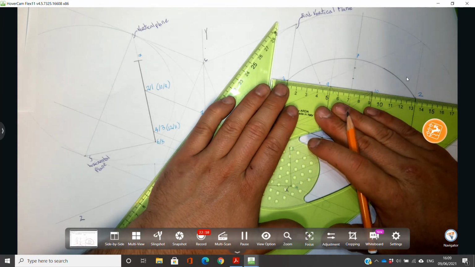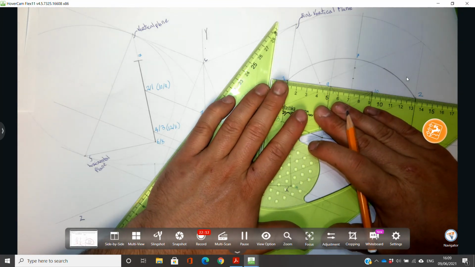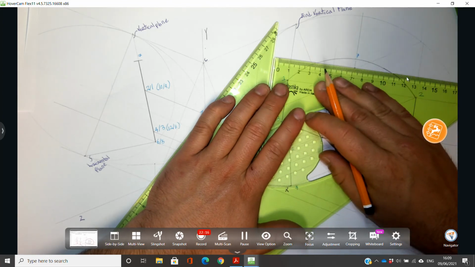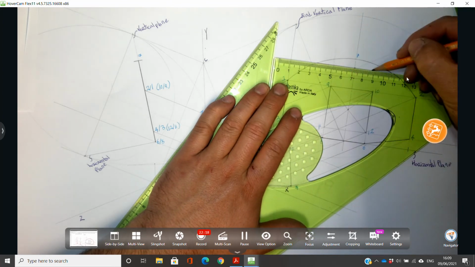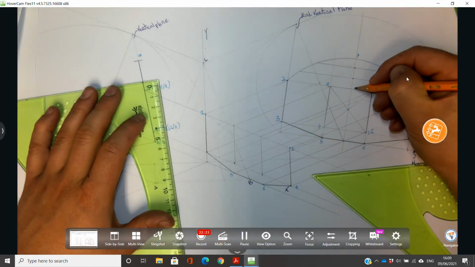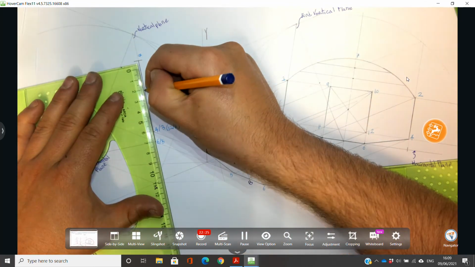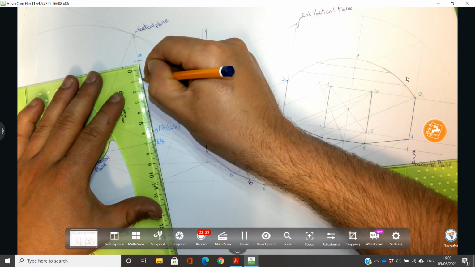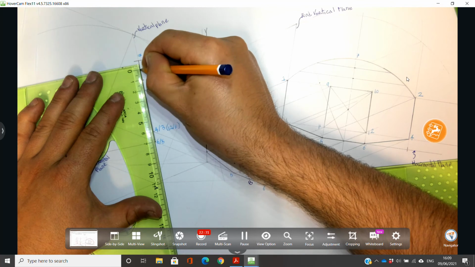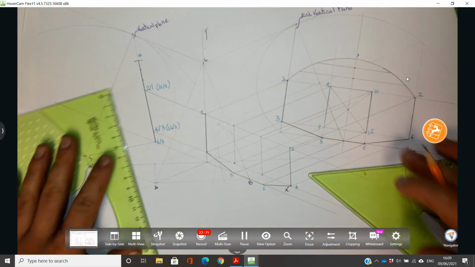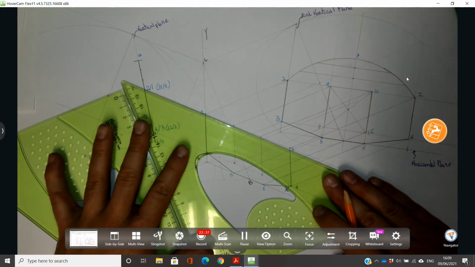So I went up in 10s. Now, that's from 1 and 2, so I'm going to have to go up in 10s here in end elevation, because that's how you establish the points in the trimetric projection. You take heights from elevation and end elevation, or points from elevation and elevation.